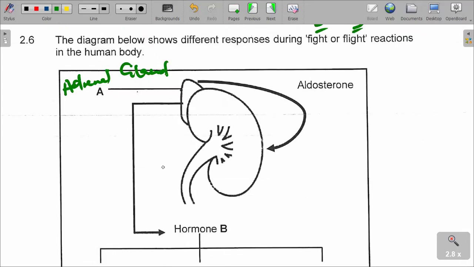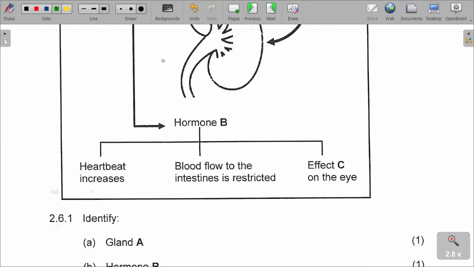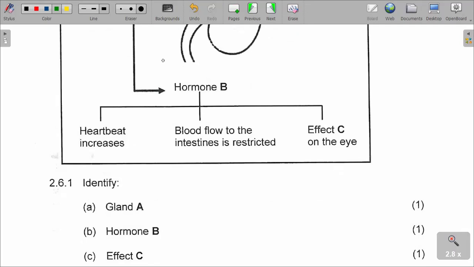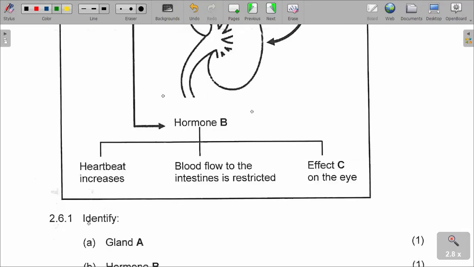And then hormone B, which is produced from the adrenal gland, causes heartbeat to increase and blood flow to the intestines to be restricted, and also effect C on the eyes. Identify hormone B. I'm sure we know very well that the adrenal gland produces adrenaline.